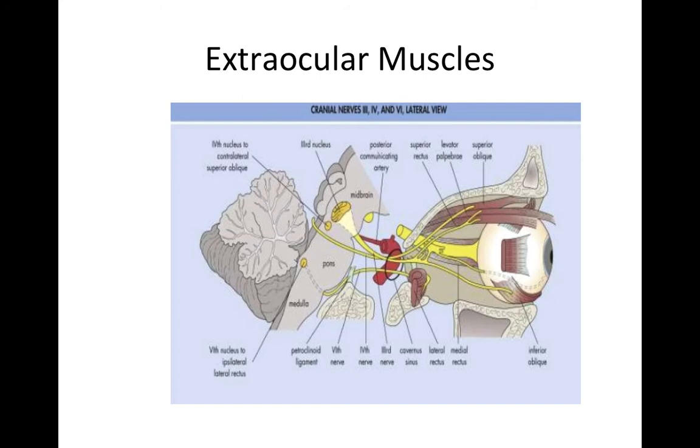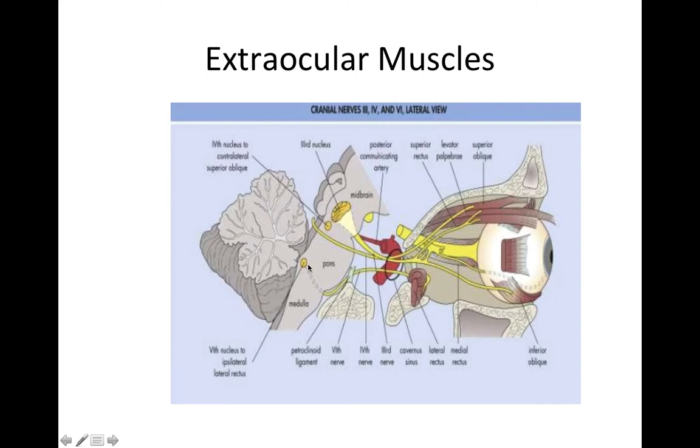One thing that is unique about cranial nerve 4 is that it is the only cranial nerve that comes from the dorsal aspect of the brainstem. So you can see here this cranial nerve comes from the back of the brainstem, wraps around, and innervates the superior oblique muscle.